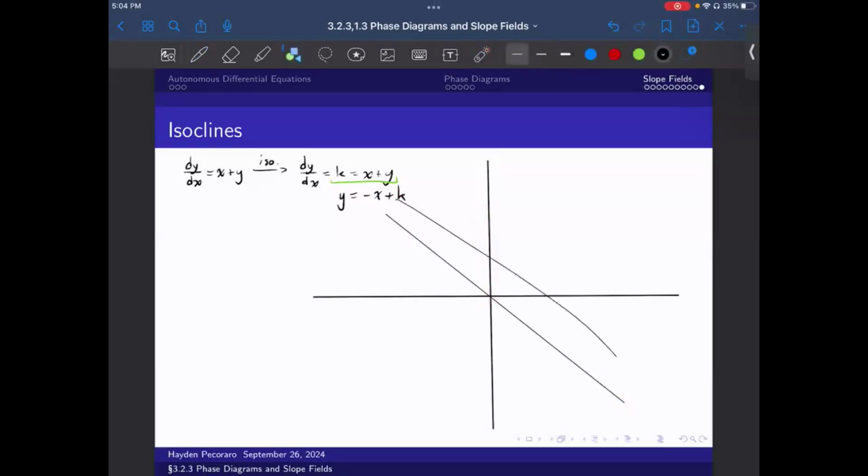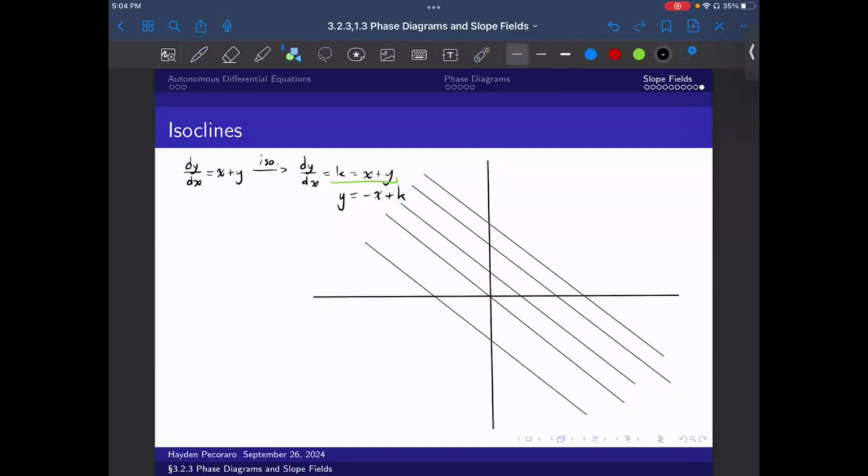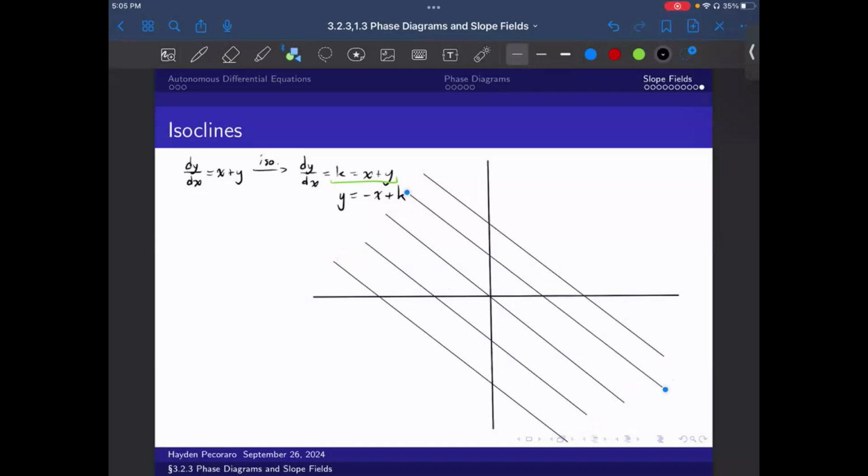So I can draw straight lines with slope of -1 going through all different possible values of k, all different possible intercepts. But one thing to note is that these are not, repeat, are not the slopes. These are just places where the slope doesn't change. So if I draw maybe a couple more here. That one, and then another one here.